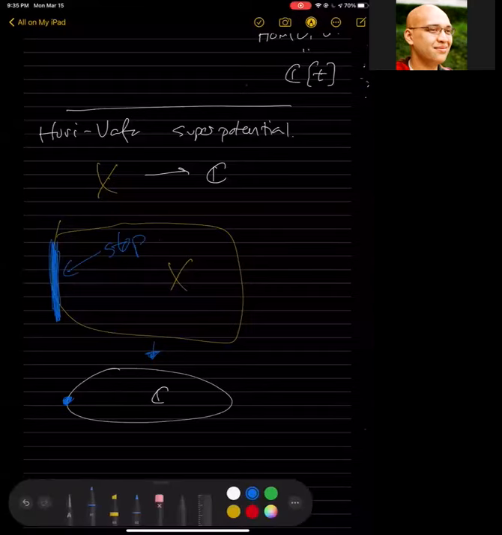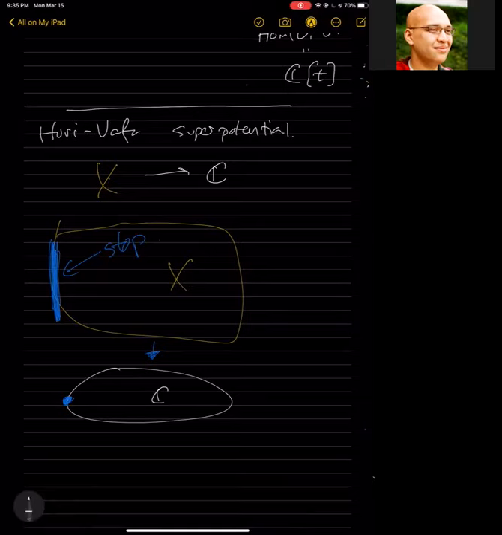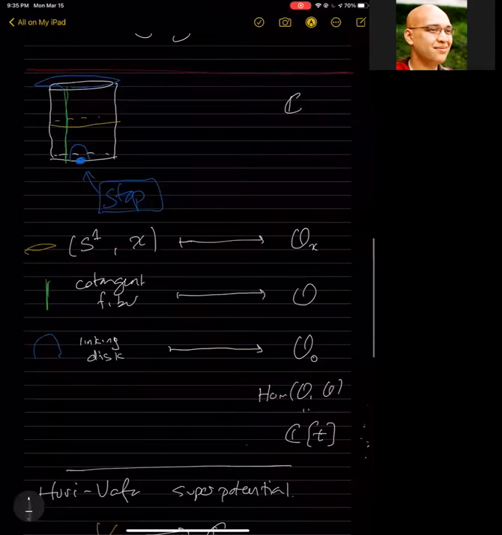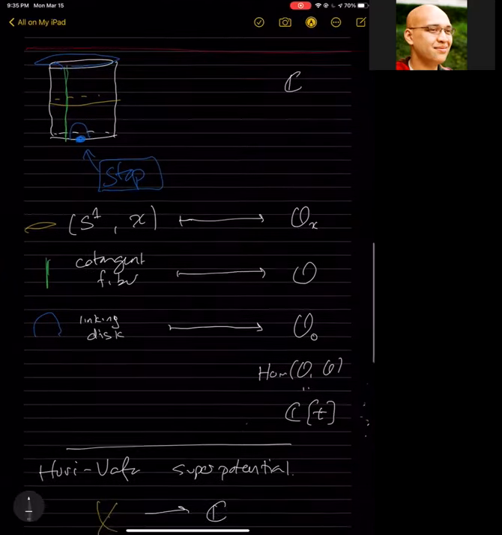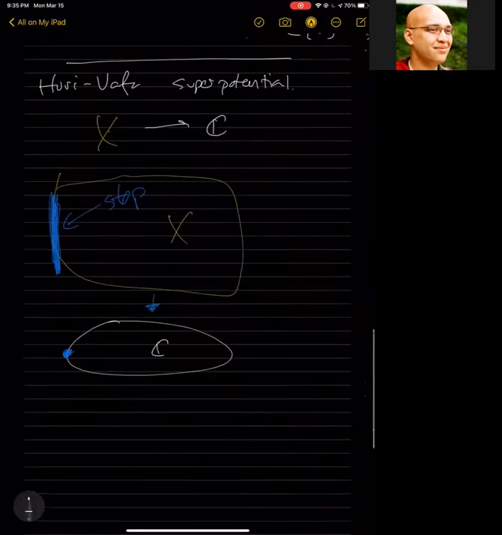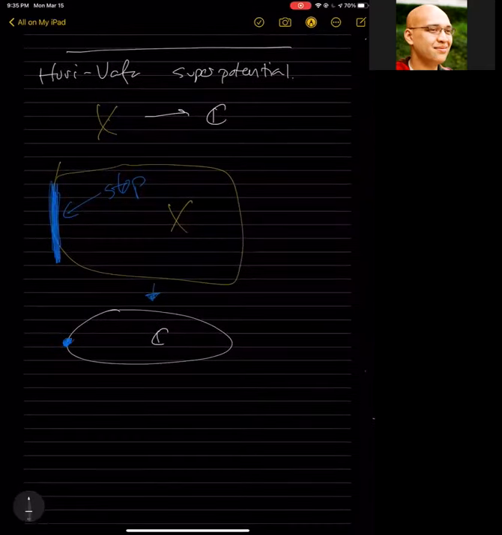And so the prescription: in this example, this partially wrapped Fukaya category having to do with this stop comes from a Hoare-Waffe superpotential in the following way.